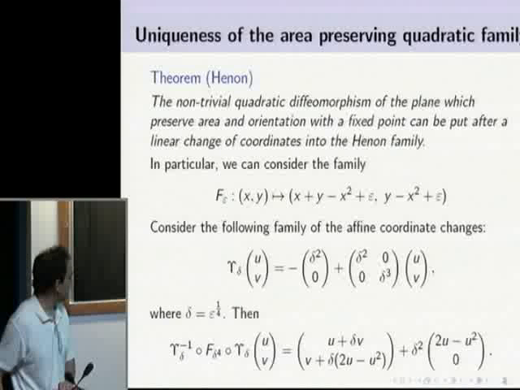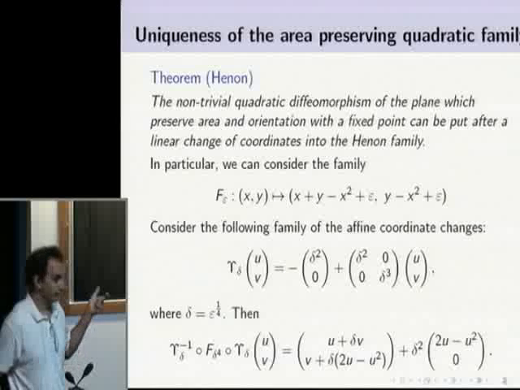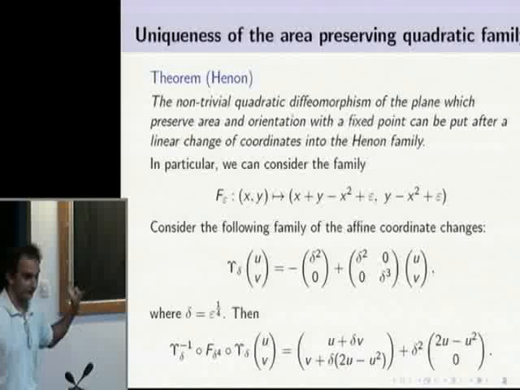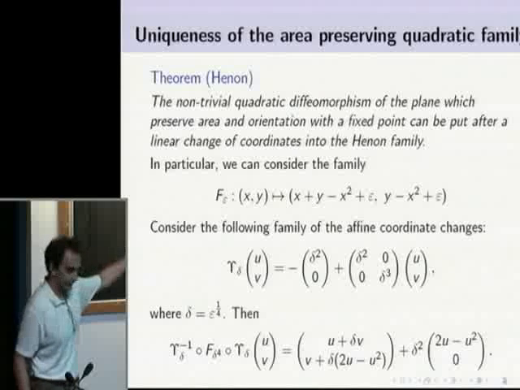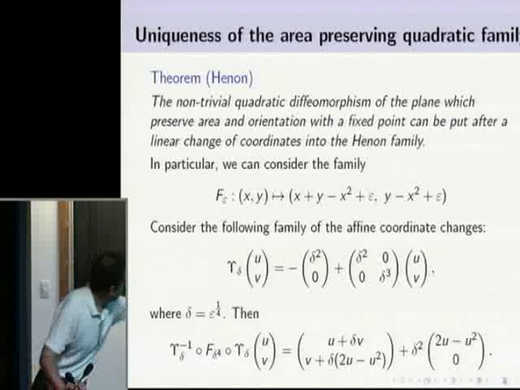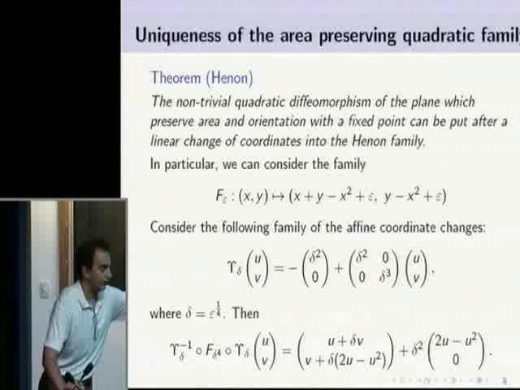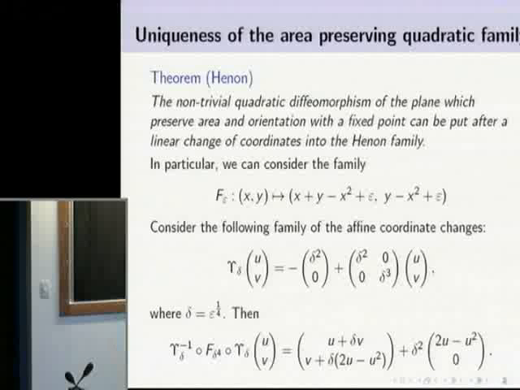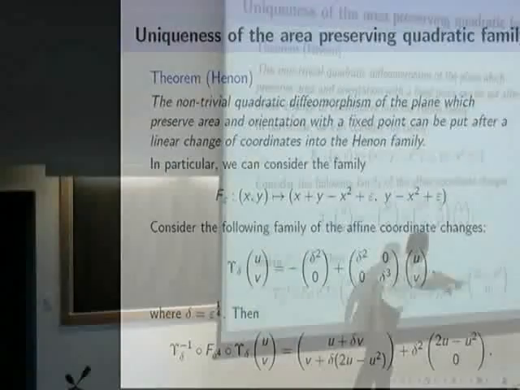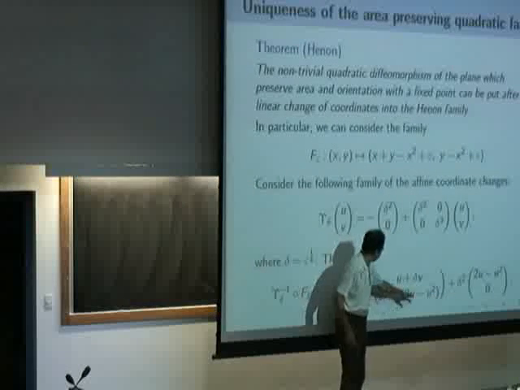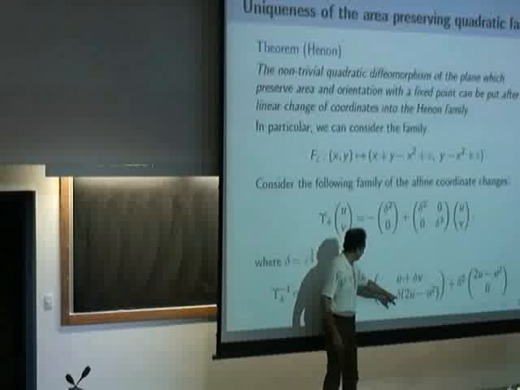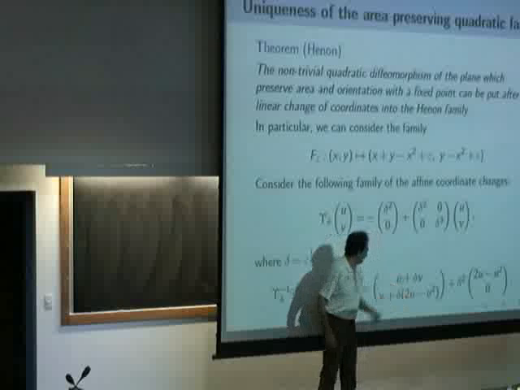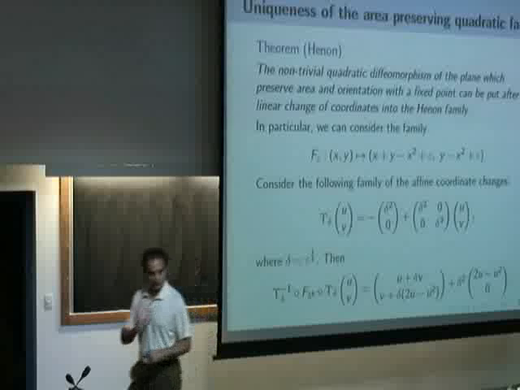For this family, what is nice is that after some renormalization, after you take a very specific microscope and implement that affine change of coordinates, this is the family that you will get. Why this family is nice is because if you treat delta as a small parameter, then this is a higher order term, and here you have, roughly speaking, the shift of the identity under the action of this vector field for a very small time.